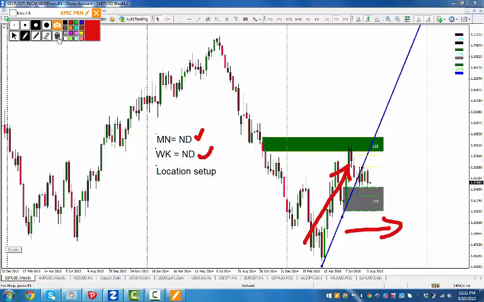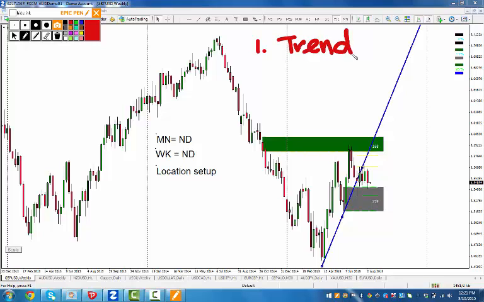Right. So the moment we know that we are in no direction, basically we have three kinds of setup. The first setup is the trend setup. For a trend setup, we need to trade in the direction of the higher time frame. Okay. Now the second kind of setup is, what if the higher time frame is in no direction, like what we have right now? Then we go into the location setup.